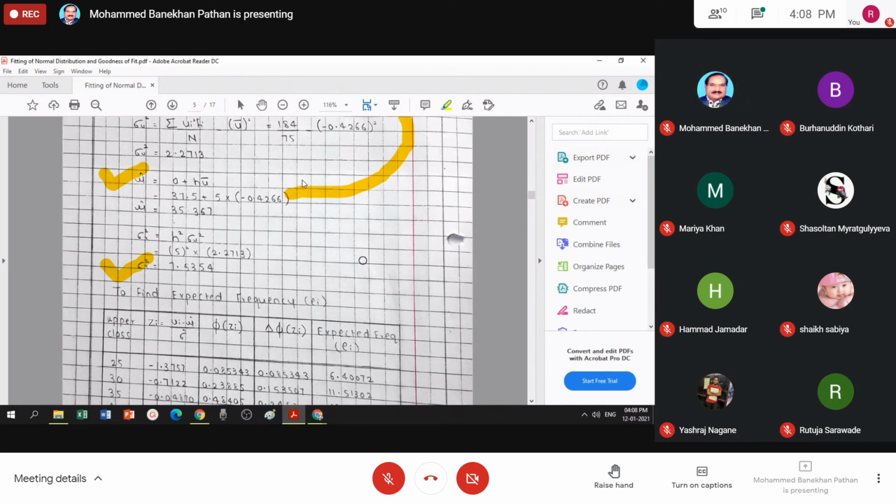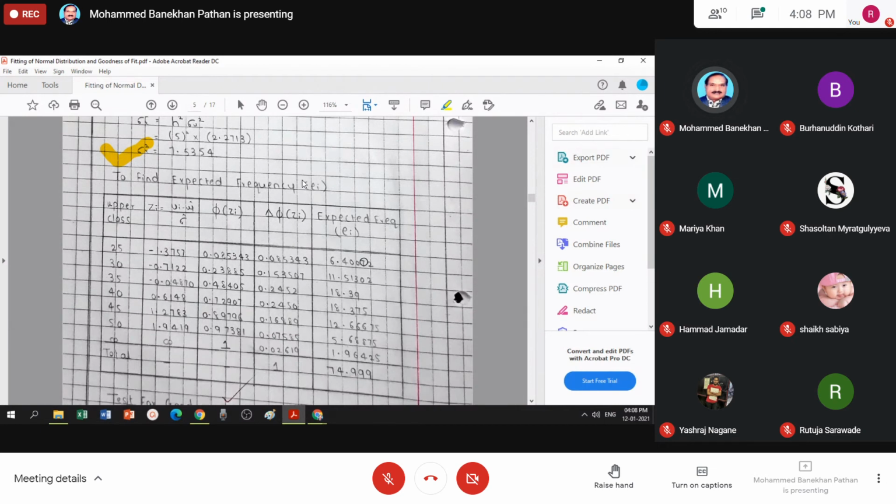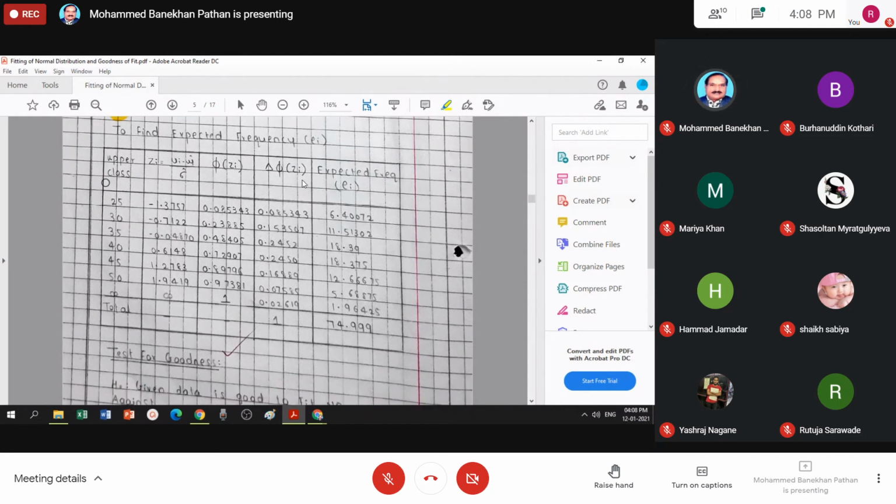Once I have the parameters, I prepare the next table, the table for calculating expected frequency. How to prepare? Column number 1, upper class boundaries, that is 25, 30, 35 and so on. Zi is (xi minus mu cap) upon sigma cap. Put the values in the proper place and get the answer for Zi.